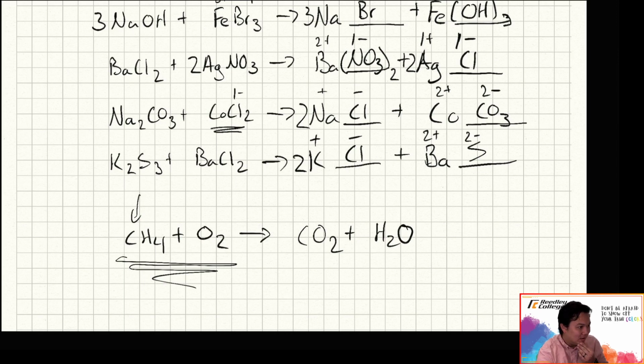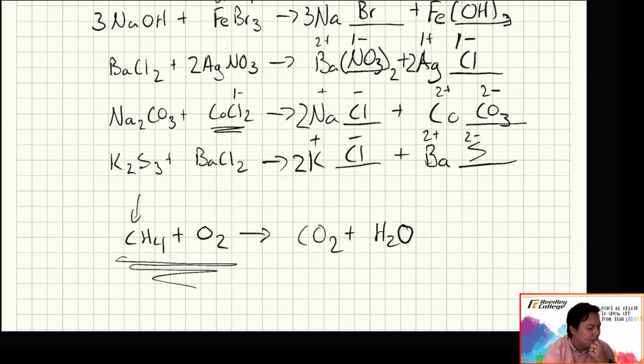It's K2 and barium chloride. It's farther up here. Okay, here we go. K2S3 and barium chloride. I guess this is one where you have to look at the oxidation states.